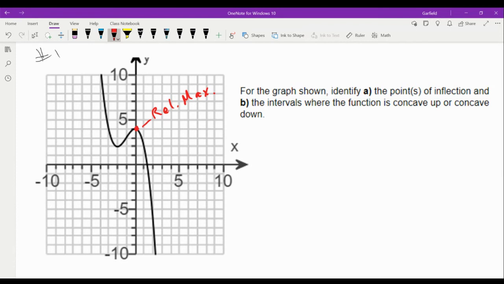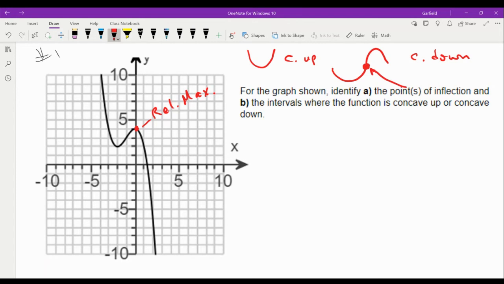I agree with you, right? So concave up looks like this, and concave down looks like this. So the left side is concave up, and the right side is concave down. The question is, where does it change from concave up to concave down? Where does it go through this transition? This is the point we're looking for, not the relative max or min. The point of inflection is where it changes.